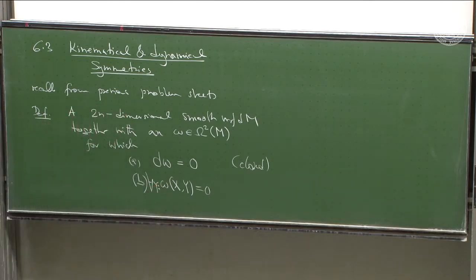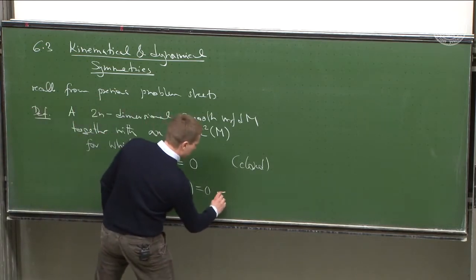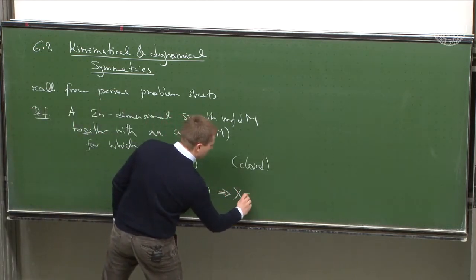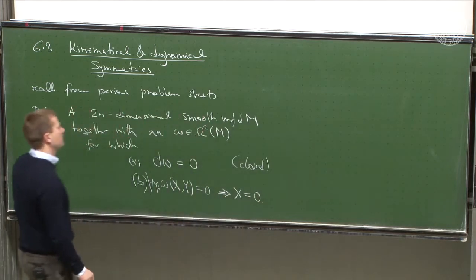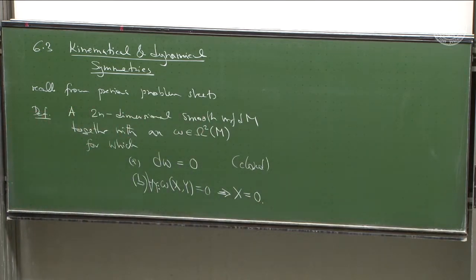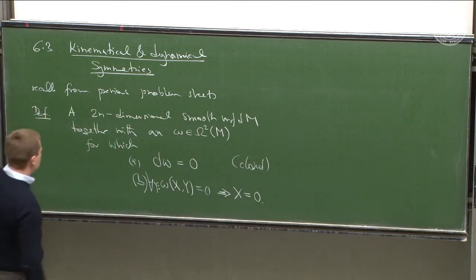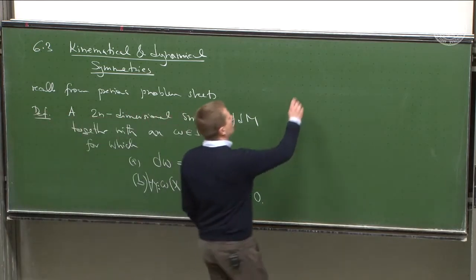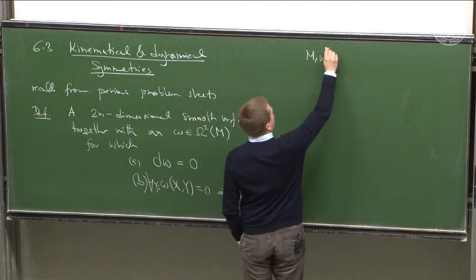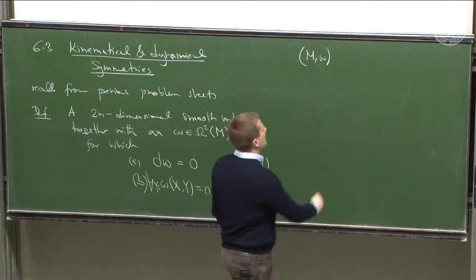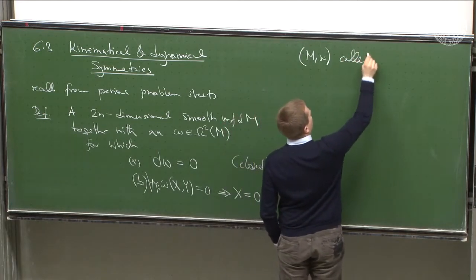Y is a vector field on this manifold. Then you can already conclude that X is 0. That's a non-degeneracy condition. And such a pair, M with omega, satisfying these conditions, is called a symplectic manifold.